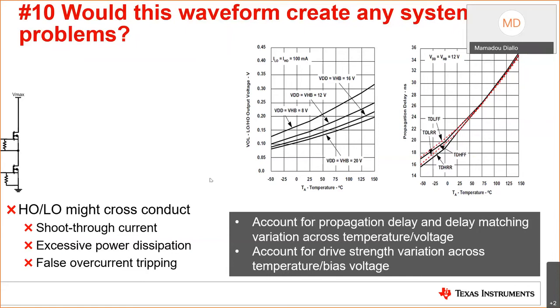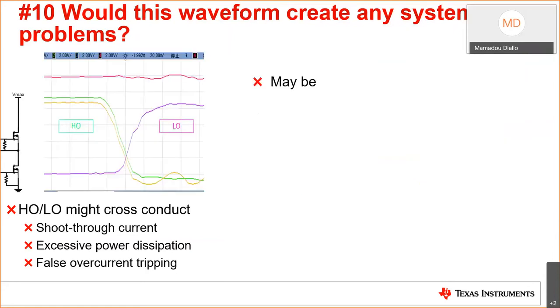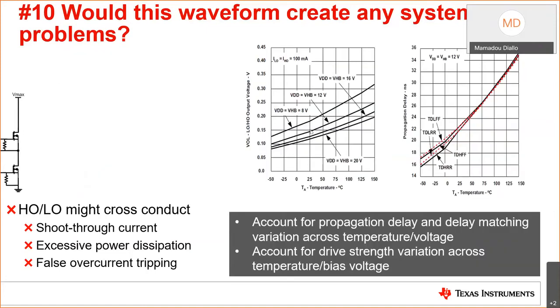Let's suppose you have, I'll go back to the previous slide here. Let's suppose you have a 2 nanosecond dead time, which is generally insufficient in most applications. And you have a waveform like we're showing right now, where if I'm operating at 25C, I have, let's say, 21 nanosecond prop delay.